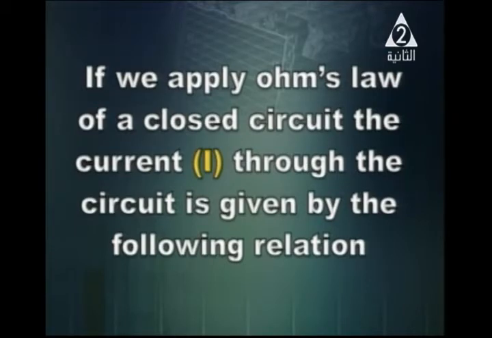So if we apply Ohm's law of a closed circuit to obtain the current flowing in the circuit, we'll obtain the following relation. Current equals, we've got two voltages: the voltage of the supply and the EMF induced by self-induction, so V minus L di by dt over R.